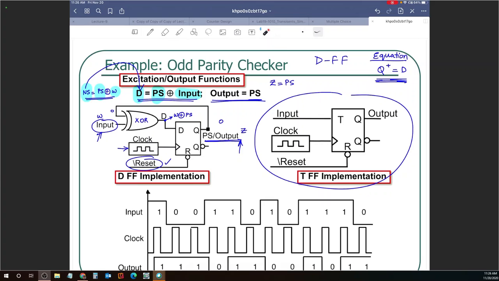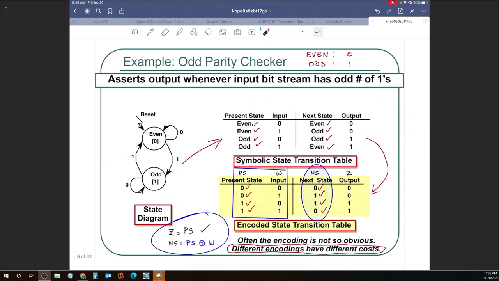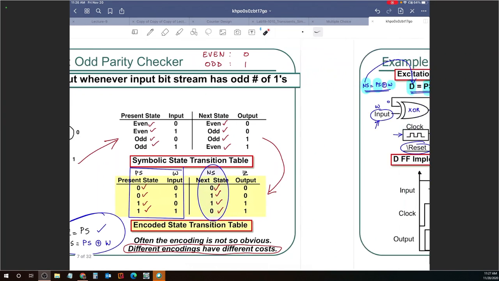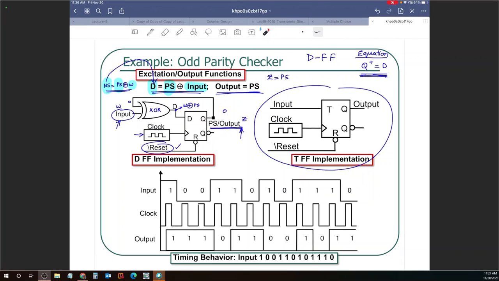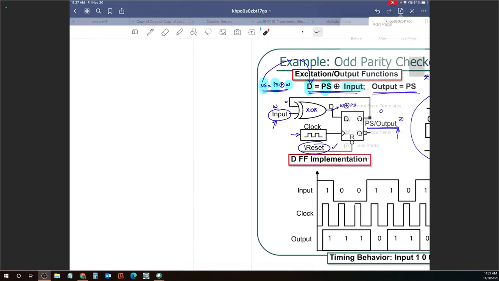Actually, let me show you guys how to do that in a slightly different manner. What I'll do is add a page here before, and I will say present state, W, next state, output Z, right?